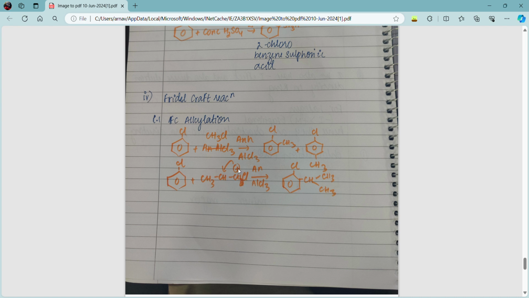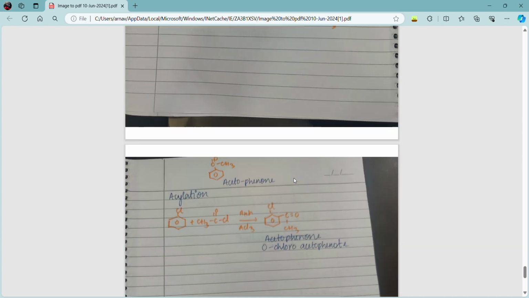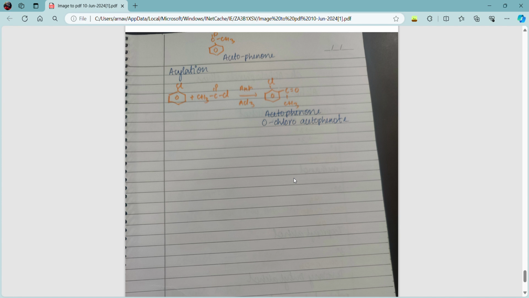It forms an electrophile and jumps here, rearrangement happens, and this forms this compound. This is also important. You should always give the most stable compound in Friedel-Crafts alkylation. Now Friedel-Crafts acylation: acyl chloride is used, this bond breaks, and it becomes the electrophile and is attached here. It's called ortho-chloroacetophenone.